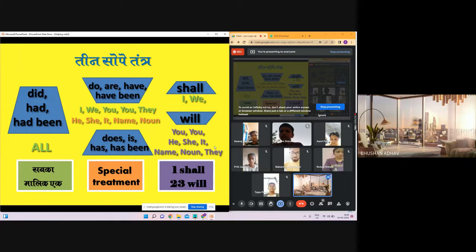Shall be, will be, shall have been, will have for the future. That is why it is very easy to recognize the past, present, and future with the help of helping verbs. These words will help you to recognize the tense. That is why they are called helping or supporting verbs.